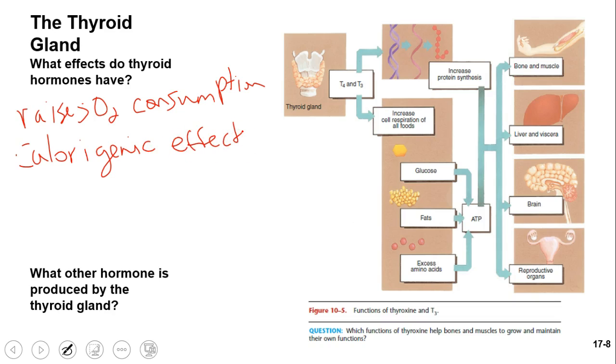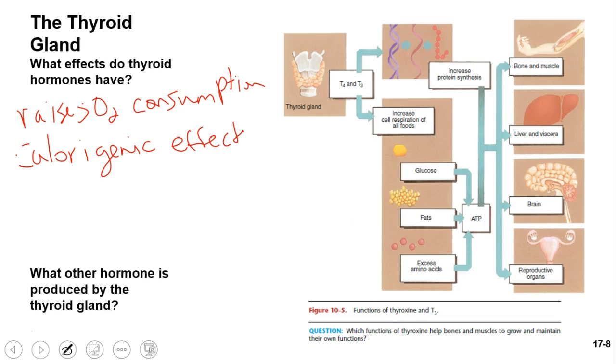So that's the heat production. In addition, because it's ramped up your metabolism, it's going to increase your appetite. It's also going to increase your respiratory and cardiovascular systems, because you have a higher oxygen demand and you need to get oxygen to those tissues. In addition, it's going to accelerate breakdown of carbohydrates, fats, and proteins for fuel, which makes sense.